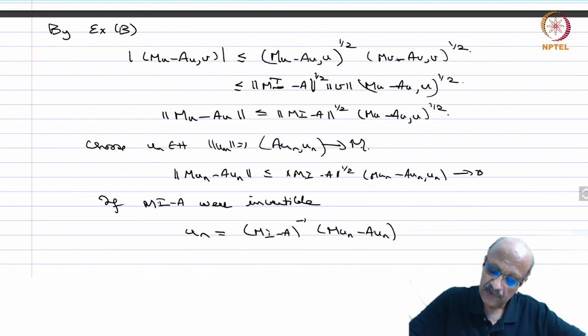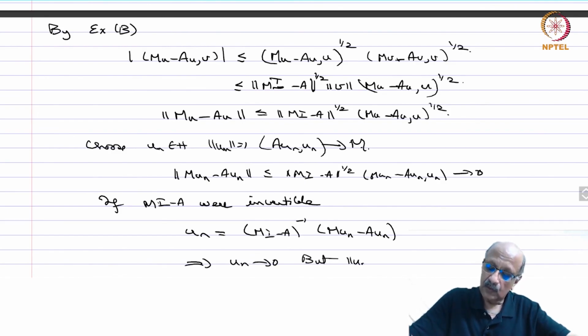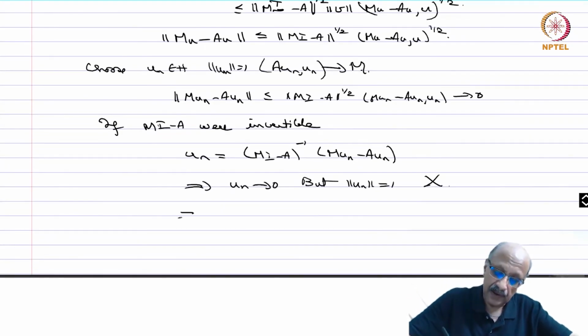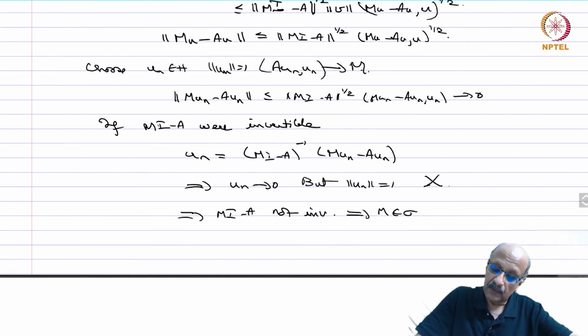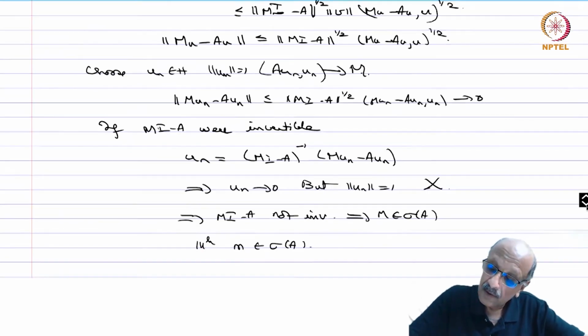I am just applying an operator and its inverse, so I get back the identity, which will be equal to u_n. That means u_n goes to 0, but norm u_n equal to 1. So we have a contradiction, and therefore MI minus A is not invertible, which implies capital M belongs to sigma of A. Similarly, you can show small m also belongs to sigma of A. So that proves this thing.